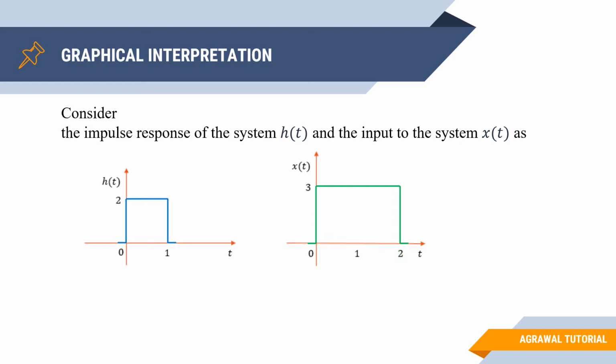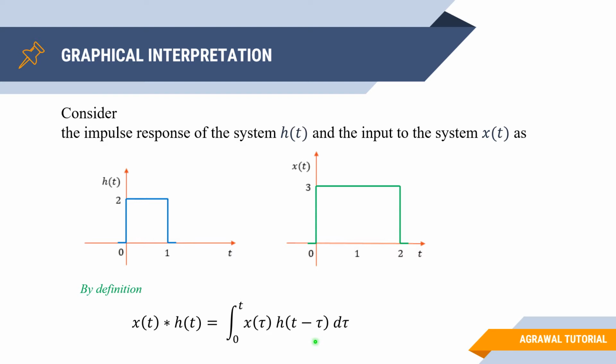Now, let us try to find the convolution of these two functions. So, by the definition of convolution, the convolution of x(t) and h(t) is given by the integral from 0 to t of x(tau) into h(t minus tau) d tau. And what does this represent?